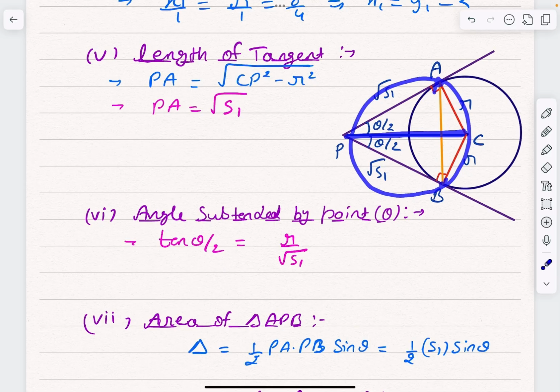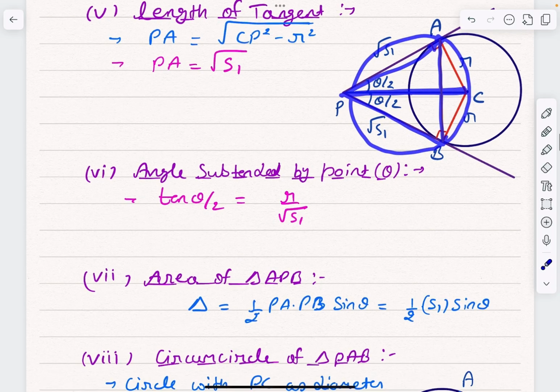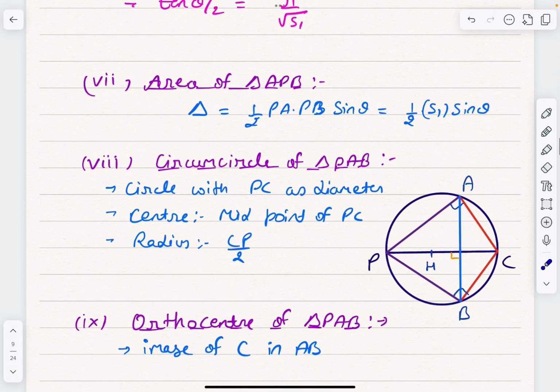That means the circumcircle of triangle PAB is the circle with CP as diameter. The center of the circle will be the midpoint of CP, and the radius will be CP by 2.